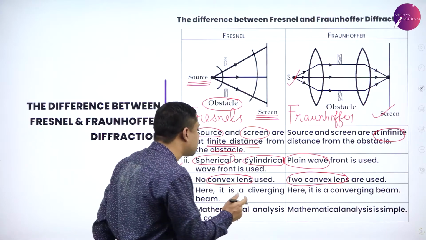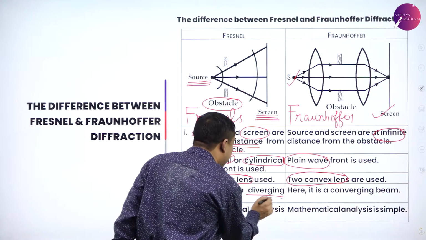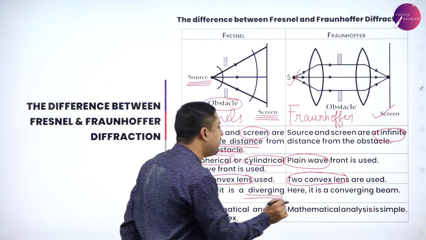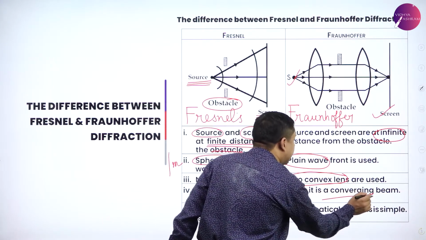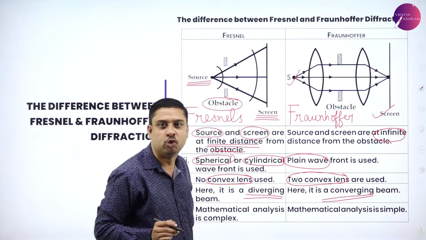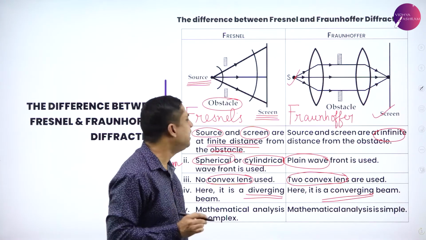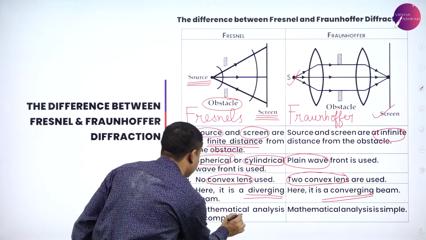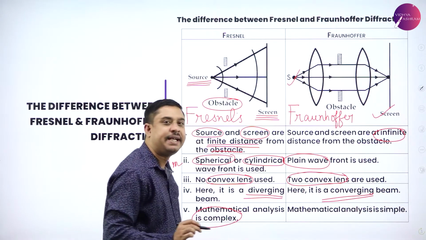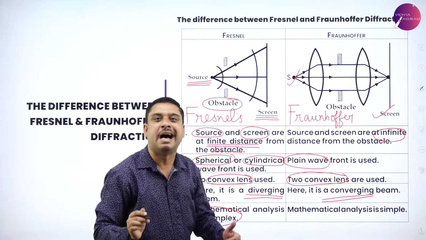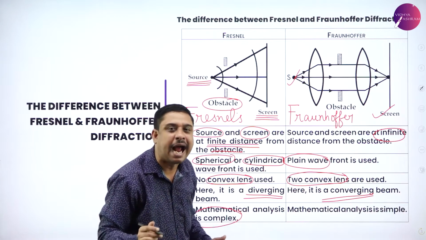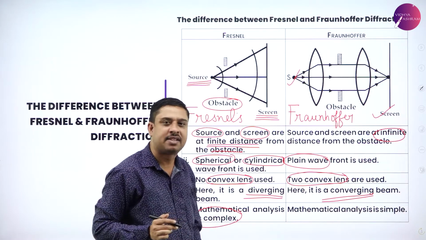Fresnel's diffraction, diverging beam is used. Fraunhofer diffraction, converging beam is used. And finally, Fresnel's diffraction, mathematical treatment, mathematical analysis is a bit complex.